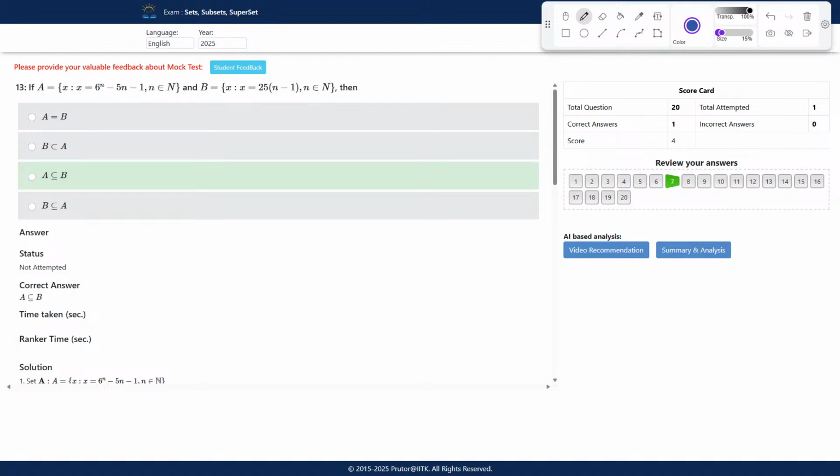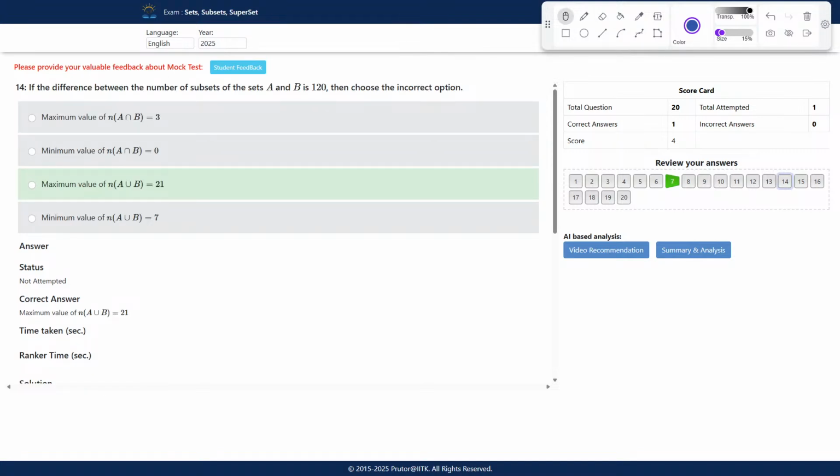So shall we move to the next? That question will be our last. Moving to the final question. Please do attempt all the questions from this set, today's DPP. If you find any difficulty, let me know what you are facing, and I'll help.